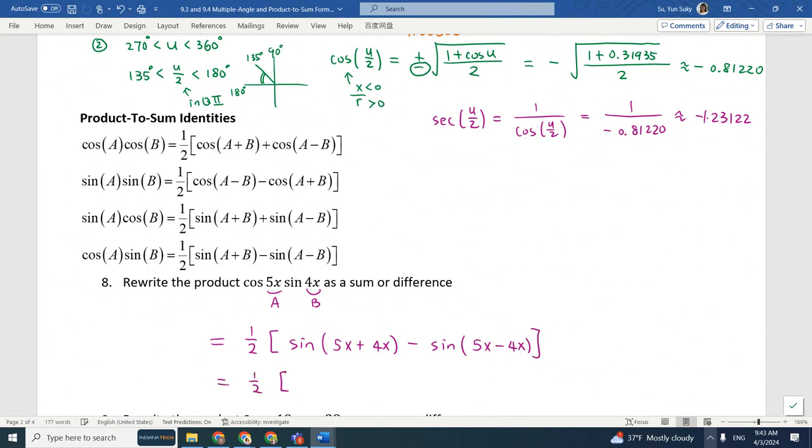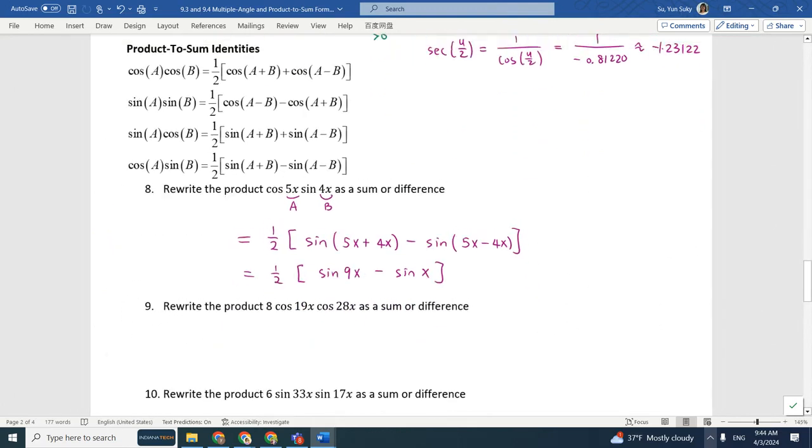Good. And that's it. Is it simple for this type of problem? Yeah, it's not a long calculation. You look at which formula matches and then plug in.